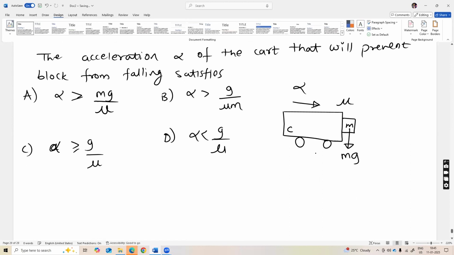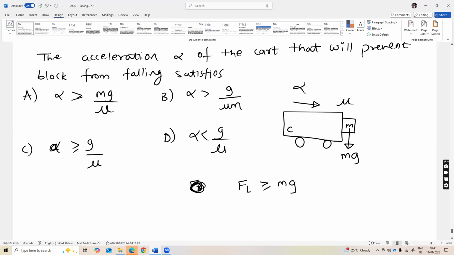To prevent it from falling, the limiting frictional force Fl should be greater than or equal to mg. Even if it is equal to mg, it will not fall.